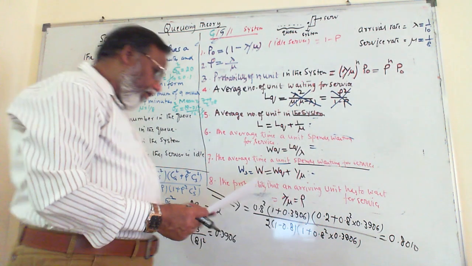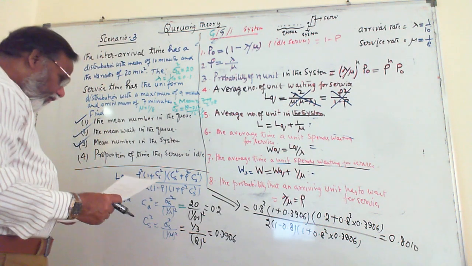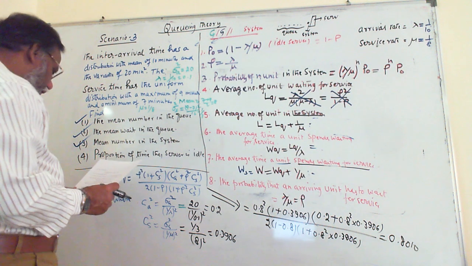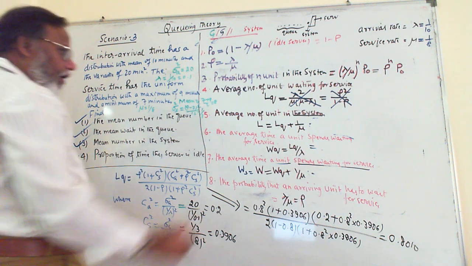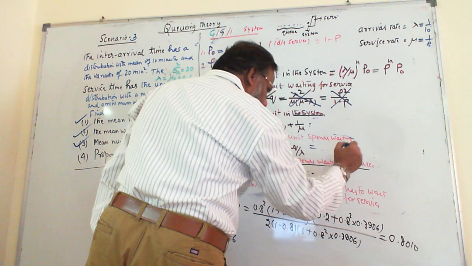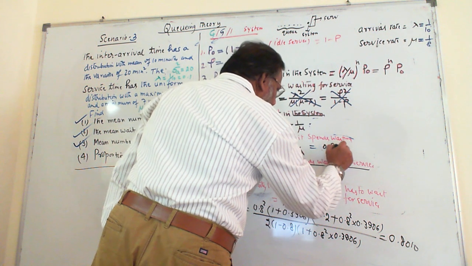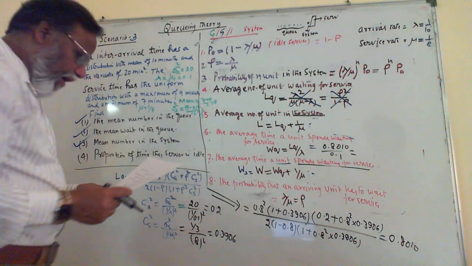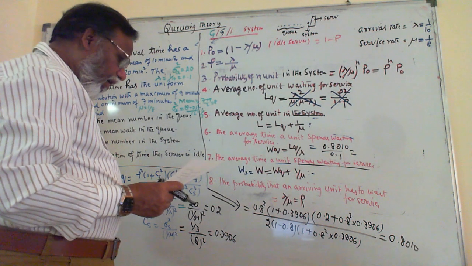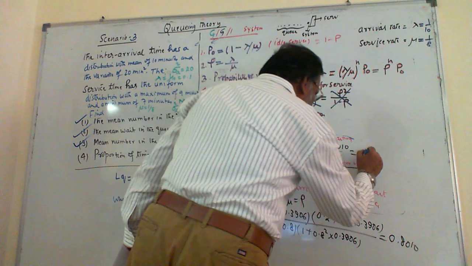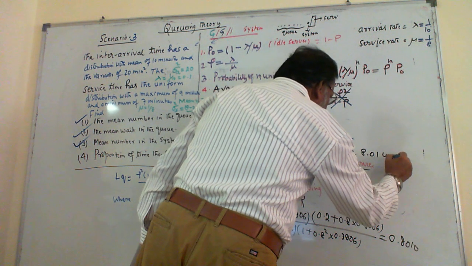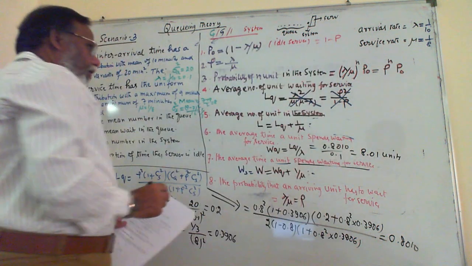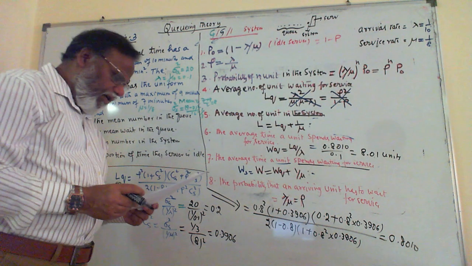The next question is finding the waiting time in the queue, which is LQ by lambda. This is 0.8010 divided by 0.1, and you get the answer 8.01.